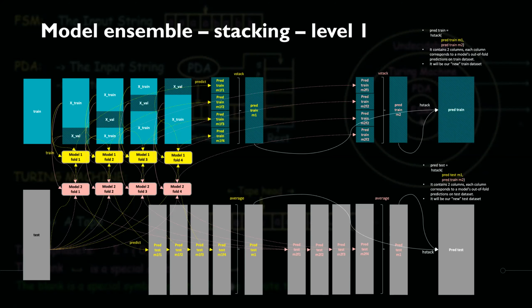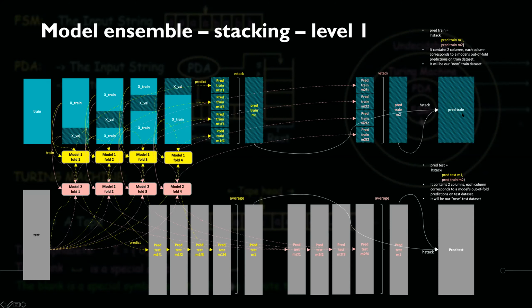The beauty of this process is that in doing that, we end up with a new data set. It also comes with the label, right? So we can simply use the same labels from the original train data set along with the pre-train.